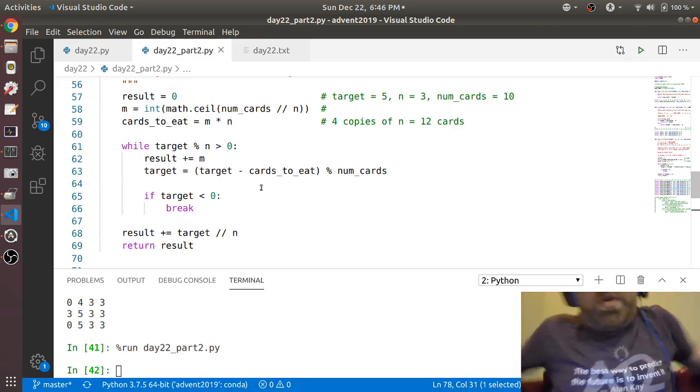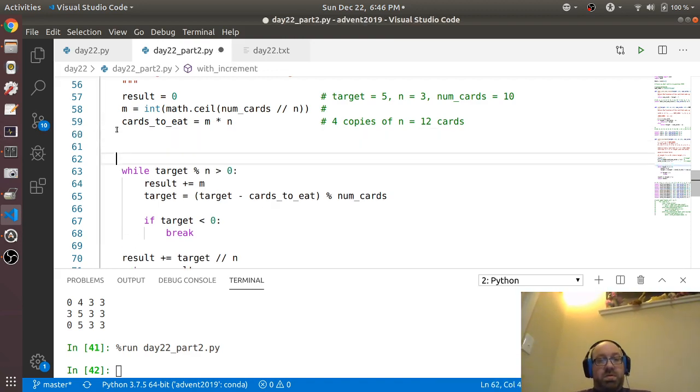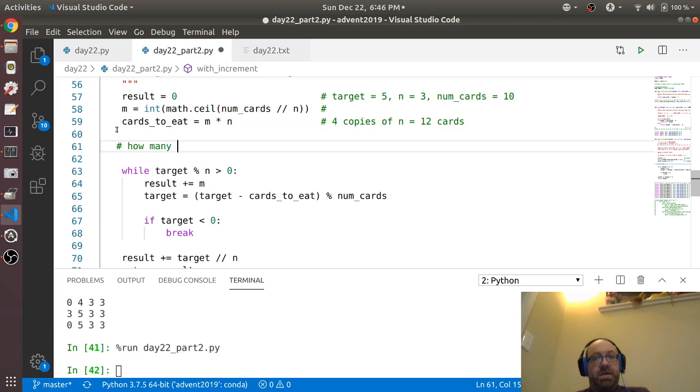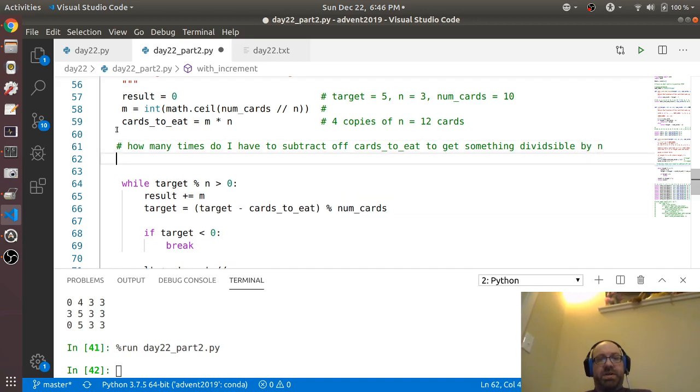So in other words, let's say how many times do I have to subtract off cards to eat to get something divisible by n?